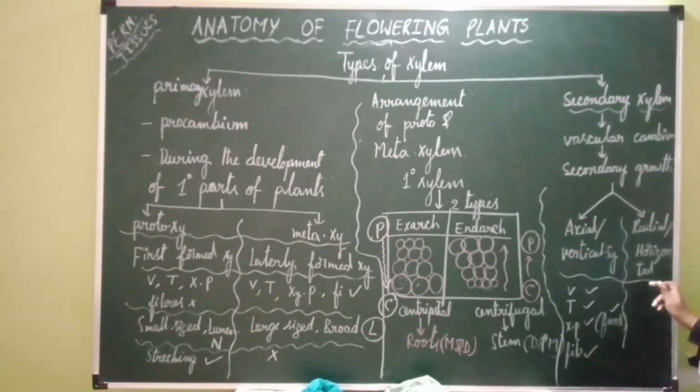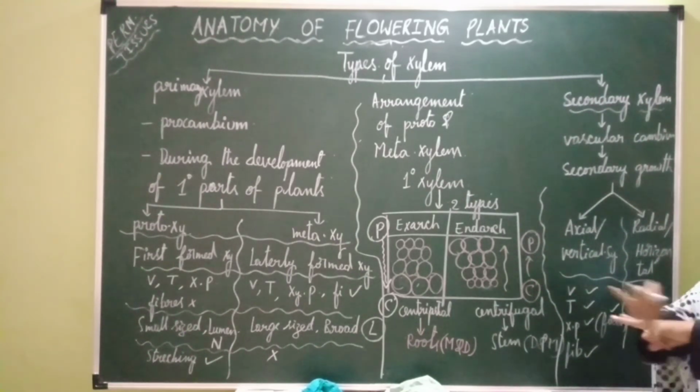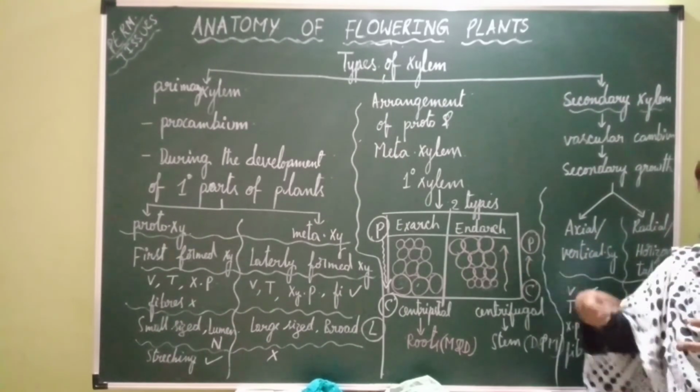Right. Now coming to the radial system or horizontal system of secondary xylem, it consists of only xylem parenchyma, which is involved in radial conduction of water, sideway conduction of water.